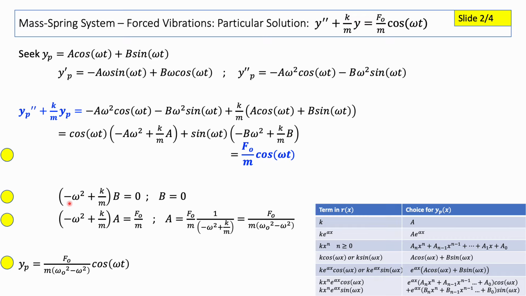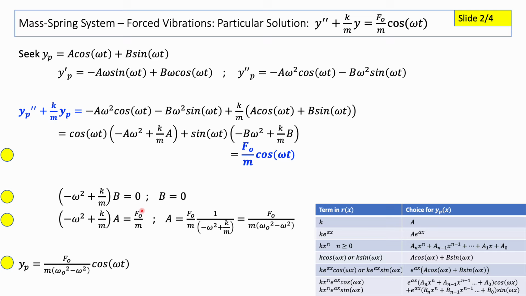Set the coefficient of sine omega t to 0, which means for any omega, any driving force, omega is the frequency of the driving force. So omega can be anything, and this combination can be 0 only if b is 0. So b is 0. The second thing is this coefficient of cosine omega t, which is minus a omega squared plus k over m a, which I have right here, should equal f0 over m.